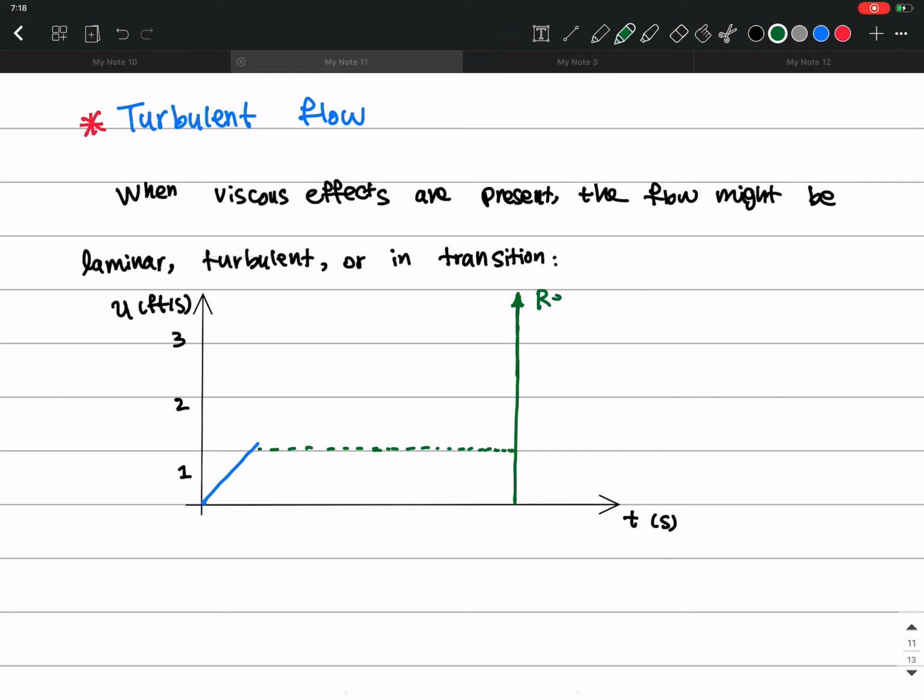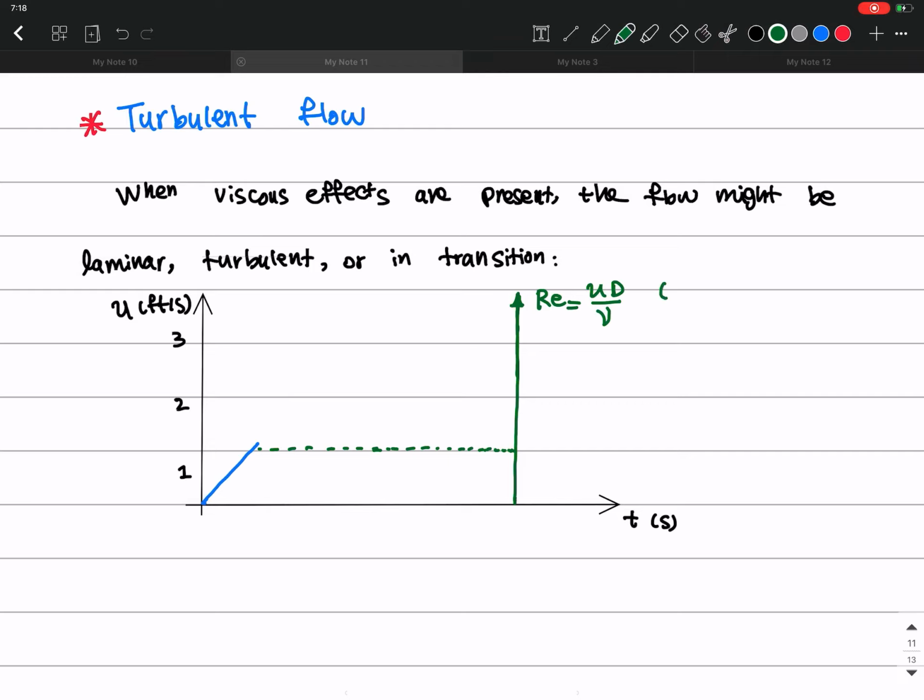So this is Reynolds number. The Reynolds number, if you remember, was velocity, or U, I can just write it as U, times D over nu, where nu was the kinematic viscosity.